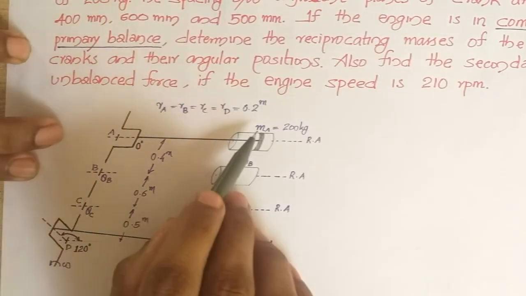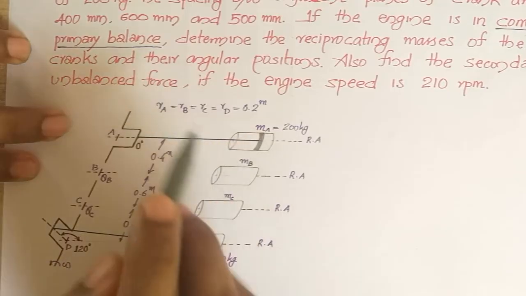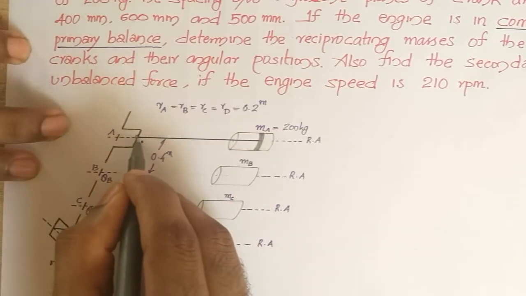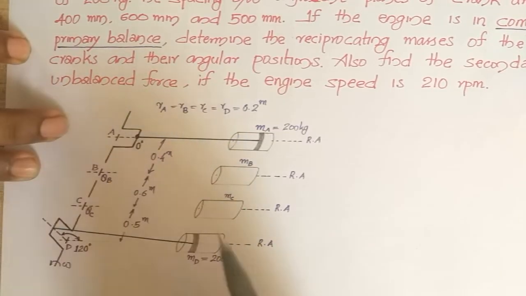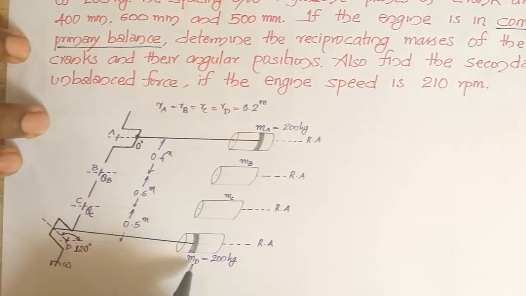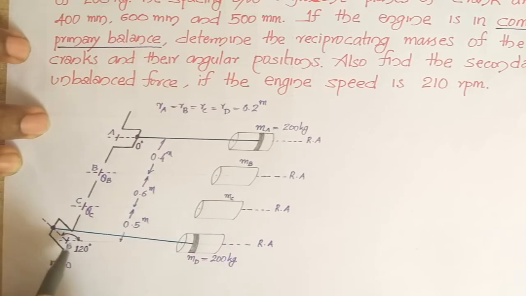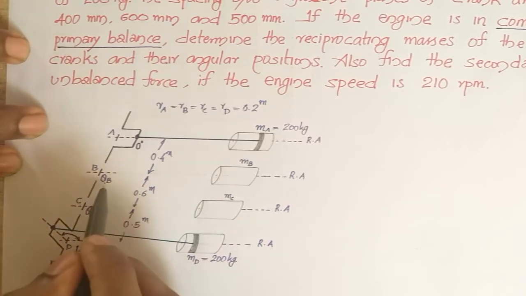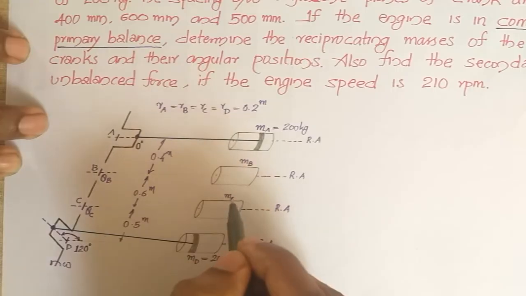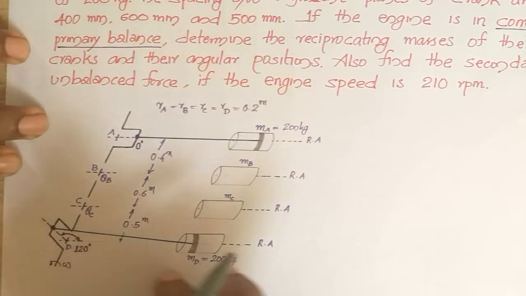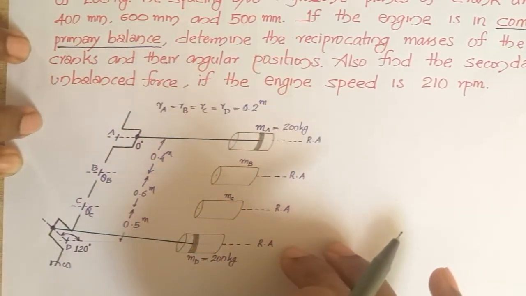If you have a reciprocating mass MA, this will be placed at this crank corresponding to theta equal to 0, and if you have a reciprocating mass MD, then we will place that same reciprocating mass at this crank pin at distance RD from the axis of rotation at theta D. You have to find theta B, theta C, MB, MC if the entire engine system is in primary balance.